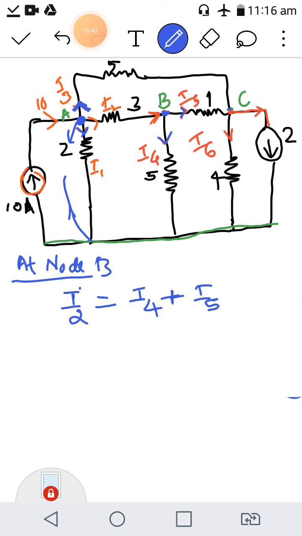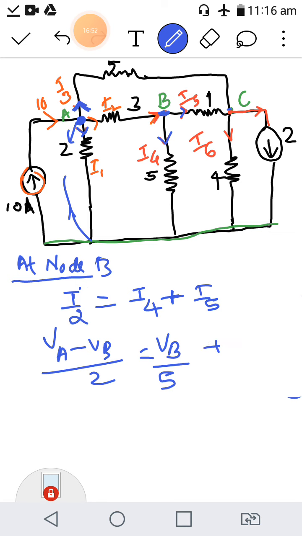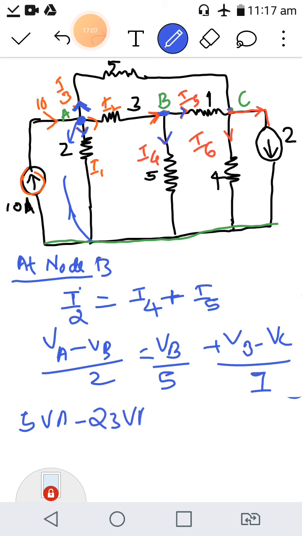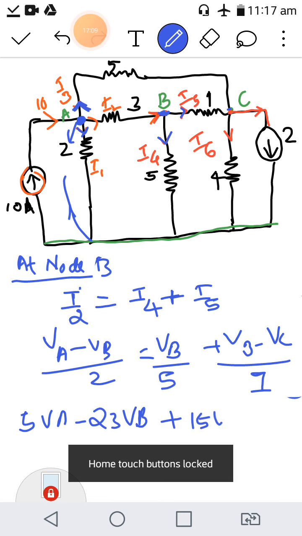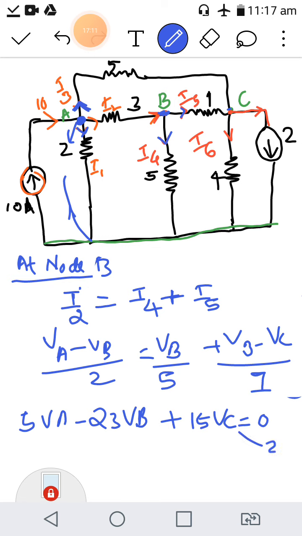I2 is the current flowing from A to B. So already you know that VA minus VB by 2 is equal to, what is I4? VB divided by 5 plus, what is I5? I5 is the current flowing from B to C. So VB minus VC divided by 1 ohm. Okay, again you take the LCM and you get another equation. I think it will be 5 VA minus 23 VB plus 15 VC is equal to 0. This is equation number 2.